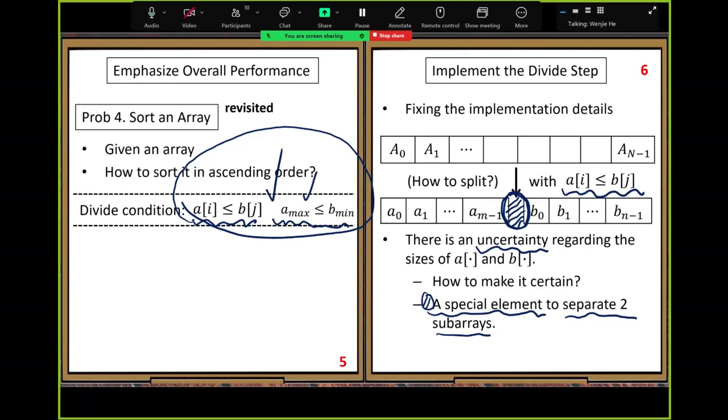In the middle, still a lot of things are uncertain. So when we swap two elements, we need to have good control on those two elements. Where do we swap? Okay? When we swap two elements, we should put them under control.